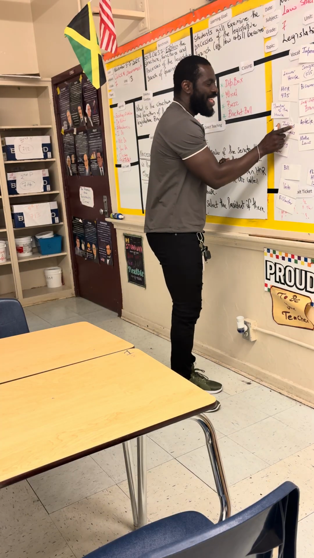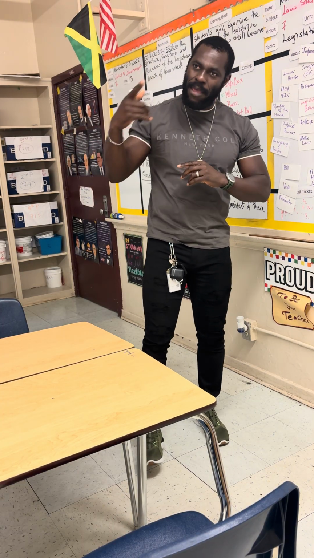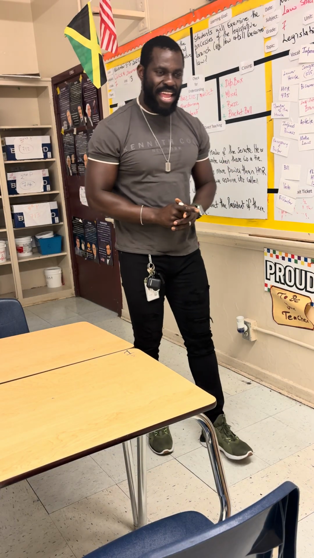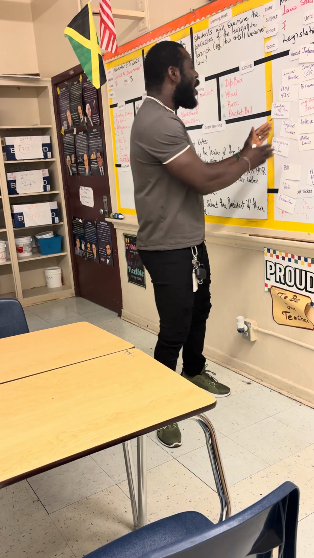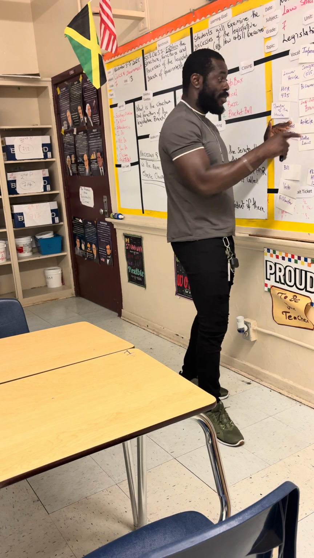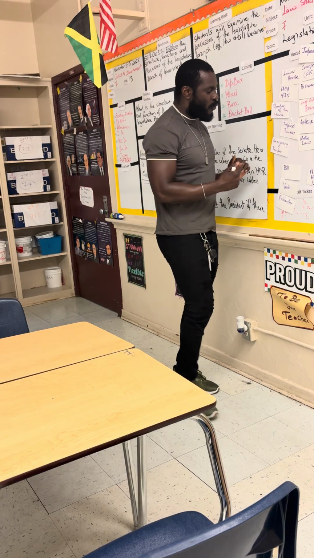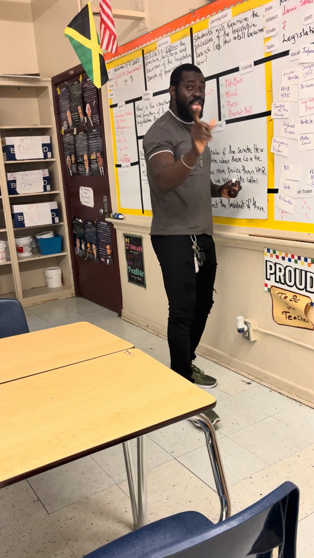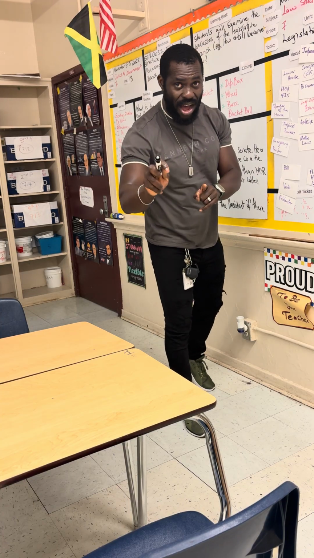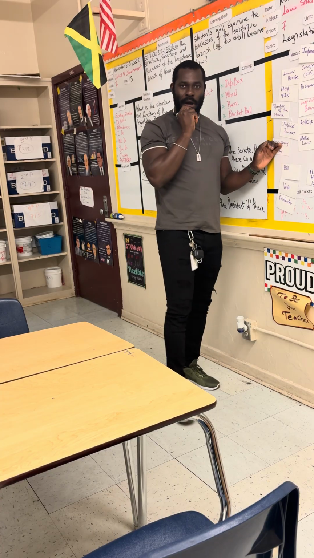Now, let us look at implied power. I know this might be a lot, but take your time. You're going to keep watching this and you'll get it. Implied power, as I said, is not clearly stated in the U.S. Constitution, but the implied power should allow the legislative branch to perform its enumerated power. Therefore, in the U.S. Constitution, we have the necessary and proper clause, which gives the legislative branch its implied power.